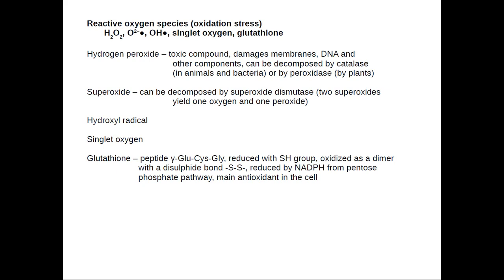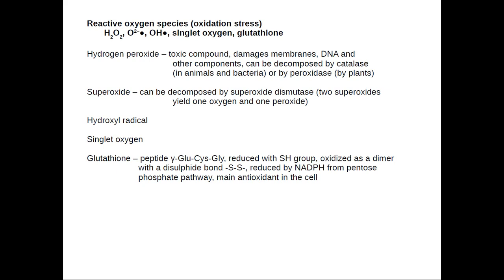And the reaction is that two molecules of hydrogen peroxide react, and they form two molecules of water and a molecule of oxygen. So hydrogen peroxide is easily decomposed to a molecule of oxygen by an enzyme called catalase. In some countries, hydrogen peroxide is used as a kind of antiseptic agent.